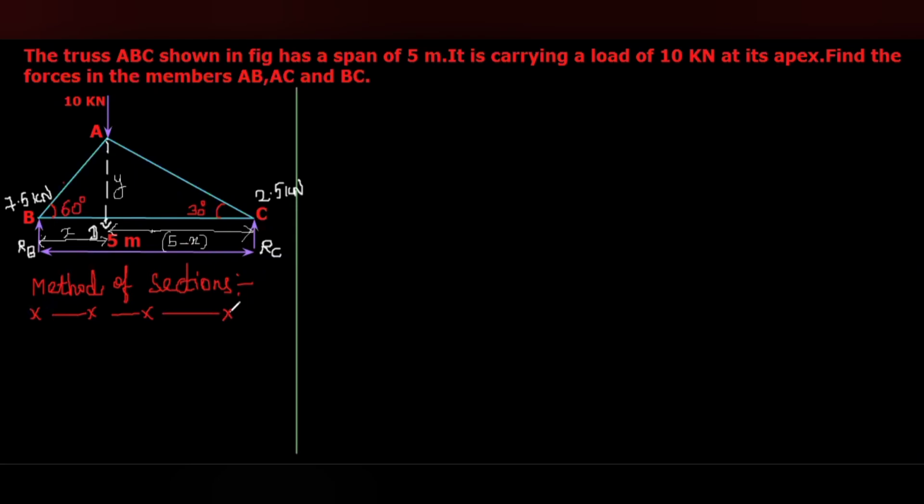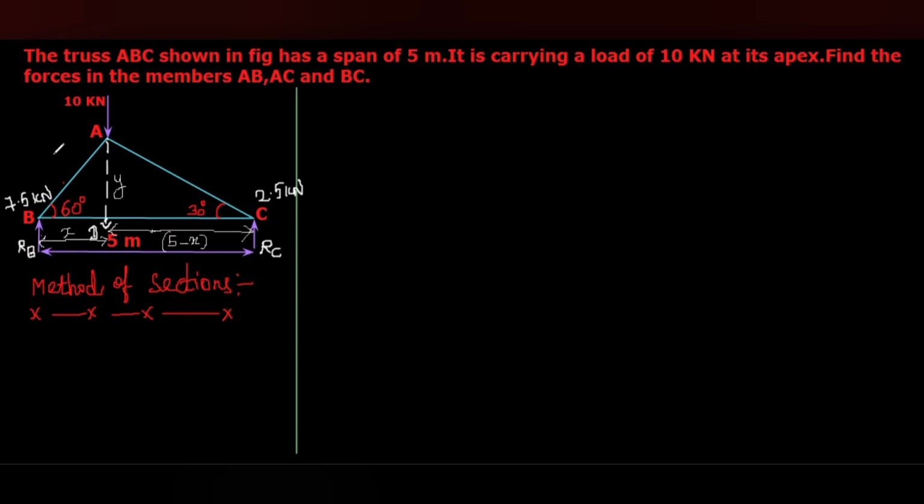Okay, and then here we have to consider the section line. The section line intersects the members AB and BC, and we can consider that it can cut a maximum of 3 members, preferably up to 3 members.